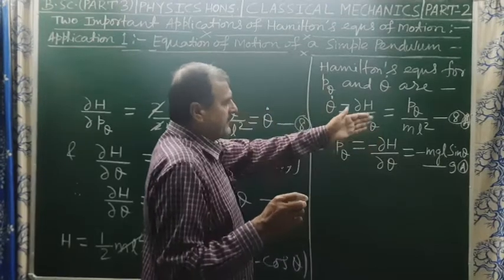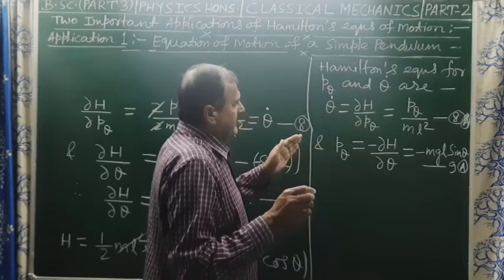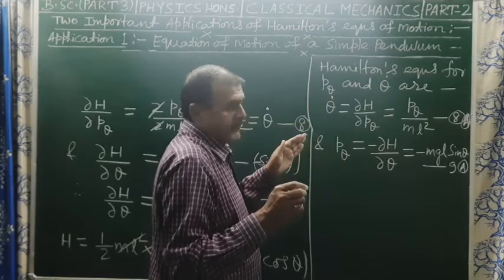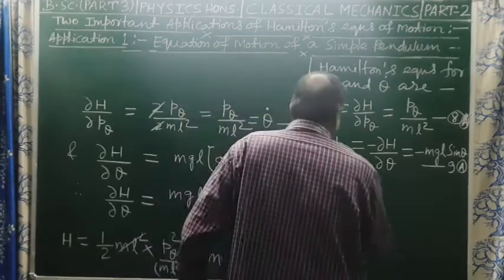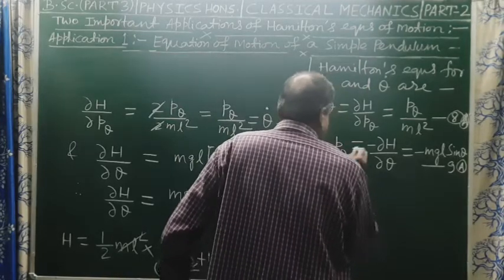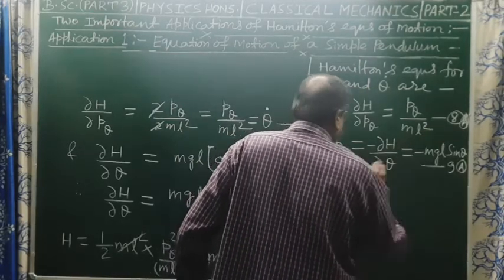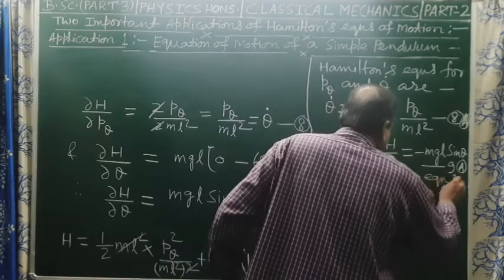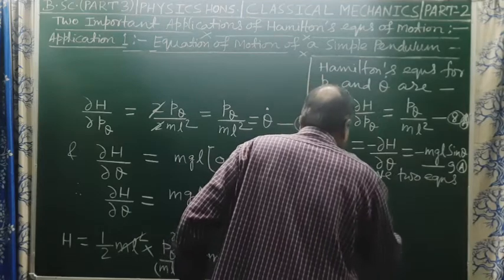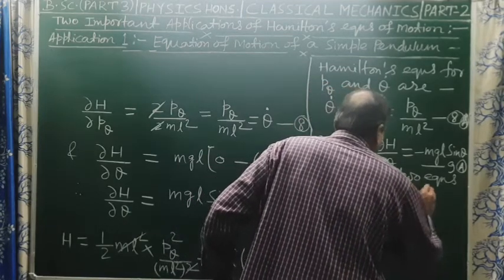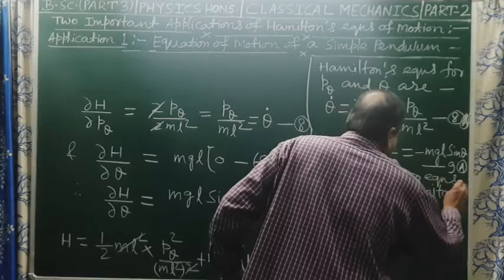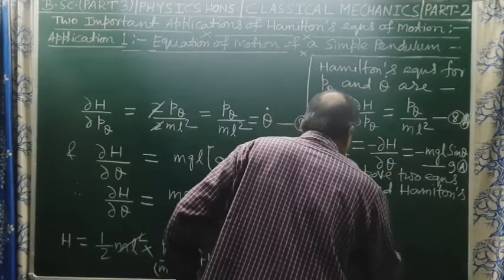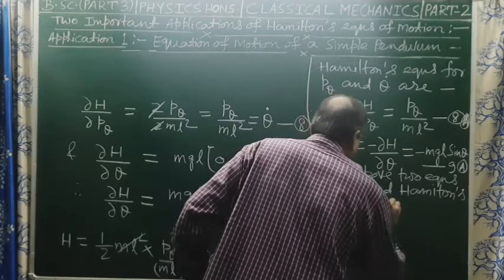These two equations, 8a and 9a, are called Hamilton's equations of motion for a simple pendulum.